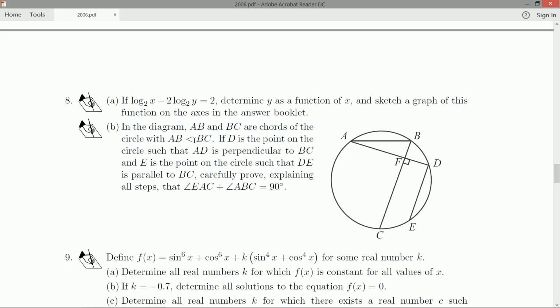If AB was greater than BC, then we could just swap the letters around. You could still get a perpendicular and D, and you'd still be able to get an E, wouldn't you?